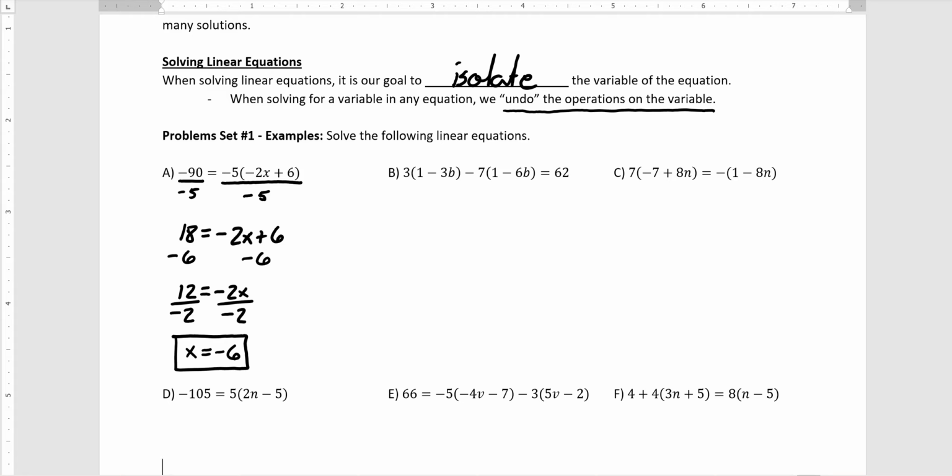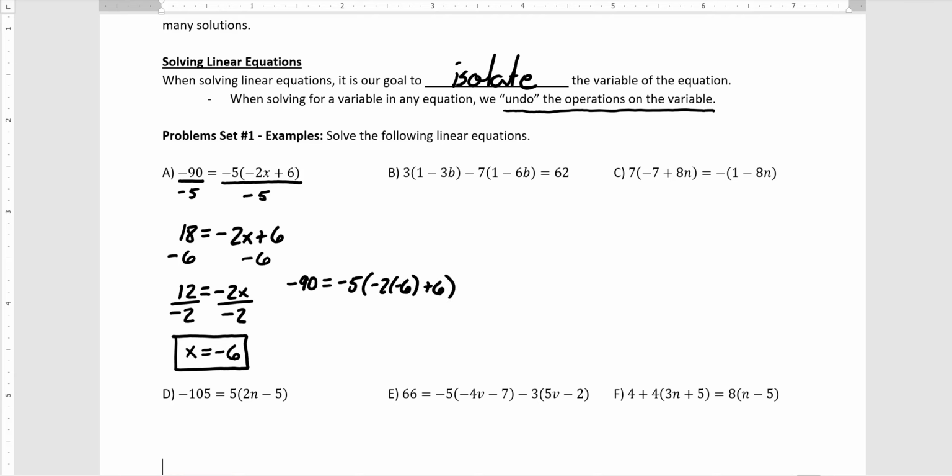Now the cool thing here is that I can plug this in and see if I get the correct answer. I'm not going to make you do this for all of them, but I do think it's good practice just to double check. If I plug in negative 6 for x, do I get a true statement? Negative 2 times negative 6 plus 6.